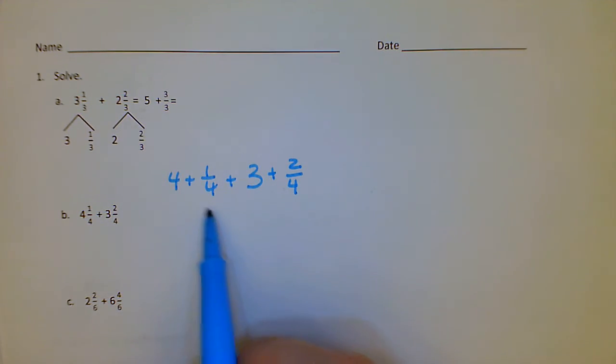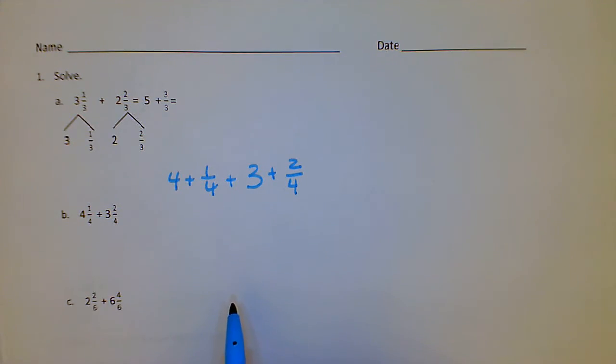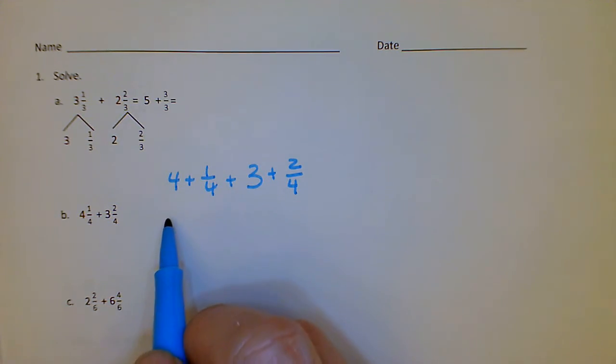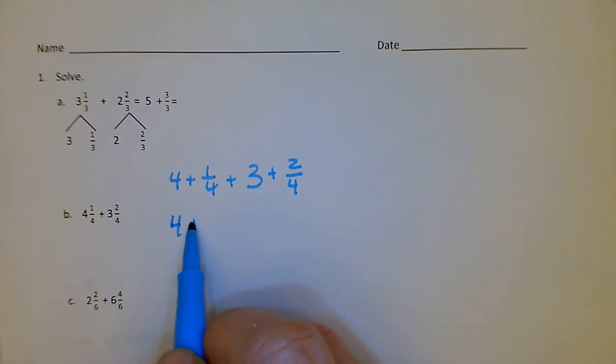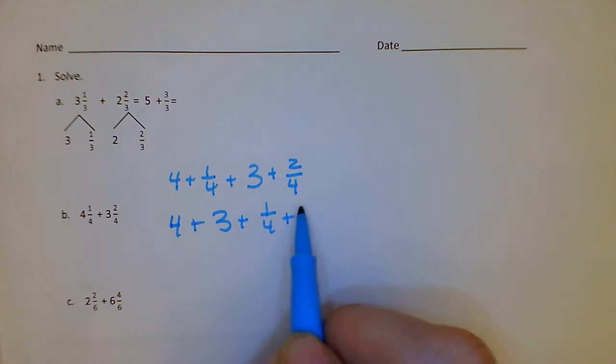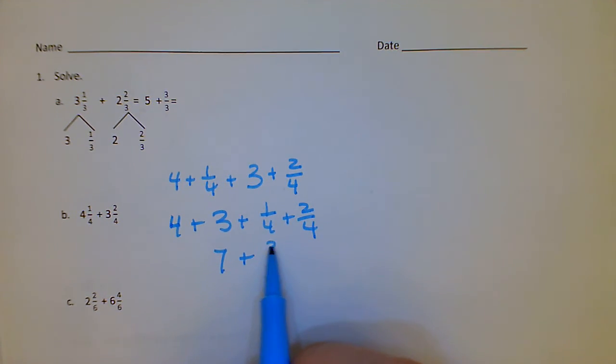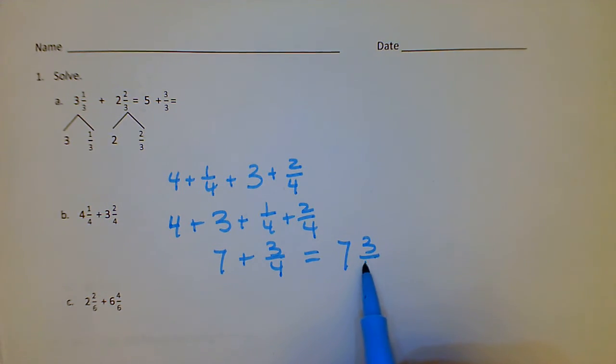I'm adding the 4 and 3, which is 7, and the 1/4 and the 2/4, which is 3/4. If you see that, you can just write the answer. You don't have to do all this other work that I'm doing. But I'm going to flip these around. So I'm going to have 4 plus 3, putting those two together, plus 1/4 plus 2/4. And 4 plus 3 is 7, plus 1/4 plus 2/4 is 3/4, which is equal to 7 and 3/4.